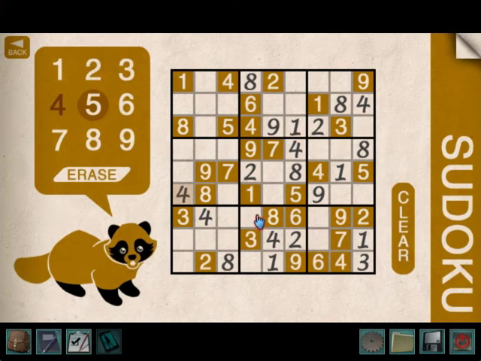So let's see, here we're missing a 7 and a 5. Still no clue on that. And here we're missing an 8 and a 5. 8 can go there, and 5 can go in there. Which means 5 goes there because of this.